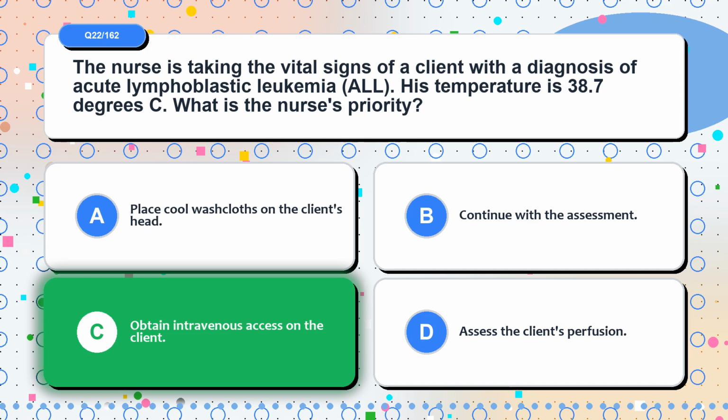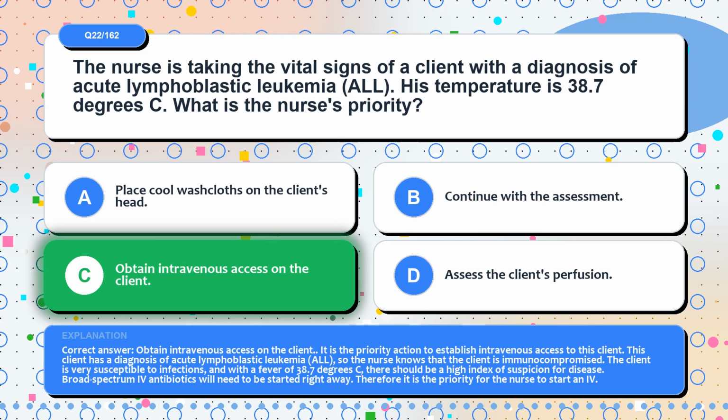The correct answer is option C. Obtain intravenous access on the client. It is the priority action to establish intravenous access to this client. This client has a diagnosis of acute lymphoblastic leukemia ALL, so the nurse knows that the client is immunocompromised.